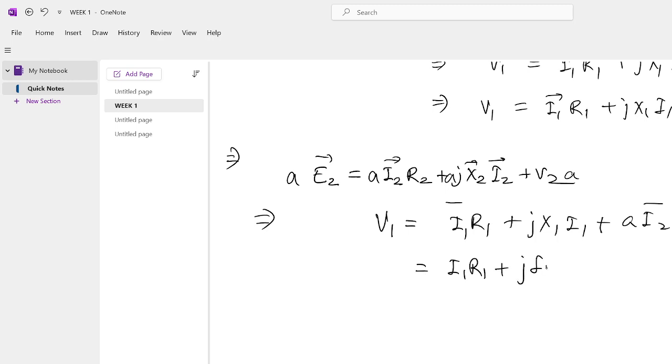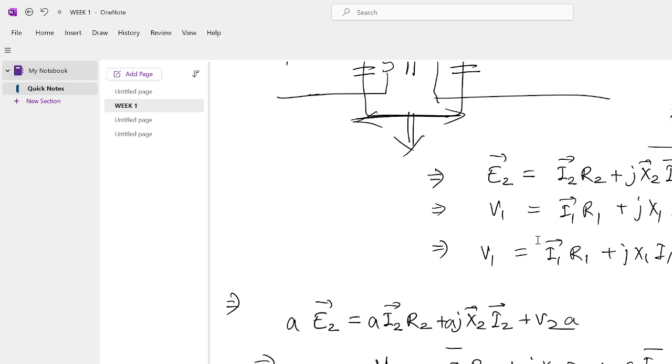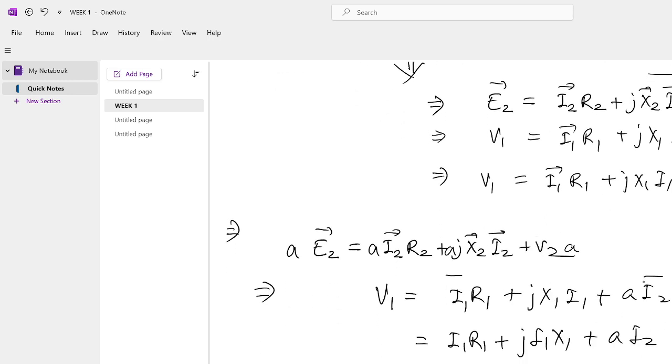j I1 X1 plus A I2 R2. I think we have made a mistake. Plus j A X2 I2 plus A V2. I will make some small modifications. Multiply by A and divide by A here.